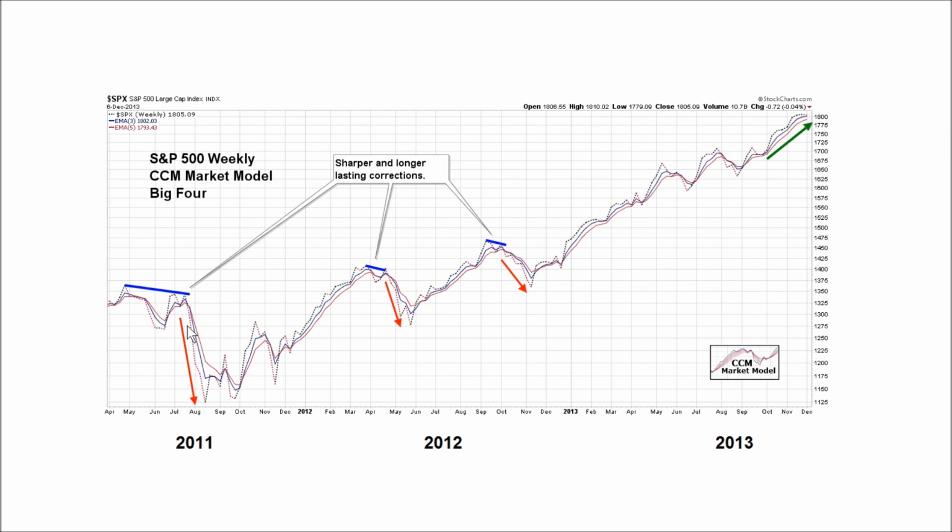You can also see that when we had a sharp decline in 2011, a relatively sharp decline in 2012, and a second sharp decline in 2012, from a trend perspective, prior to the sharp decline, we have a clearly visible and discernible lower high that's in place, waving yellow flags on the weekly chart of the S&P 500.